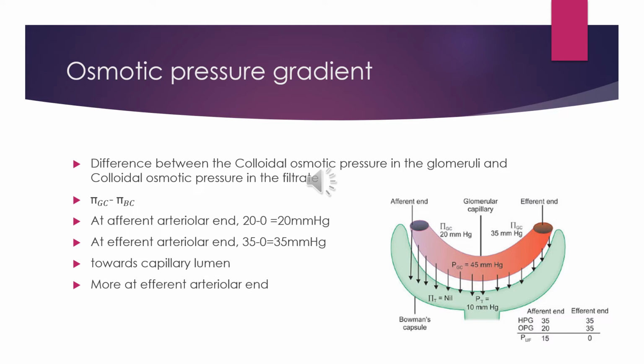So we can see that this osmotic pressure gradient will be acting towards the lumen of the capillary. See, the osmotic pressure is acting in a direction opposite the hydrostatic pressure, and in the glomerular capillary the hydrostatic pressure will be acting outward and the osmotic pressure will be acting inward. And in the capsule the hydrostatic pressure will be acting outward and the osmotic pressure will be acting inward.